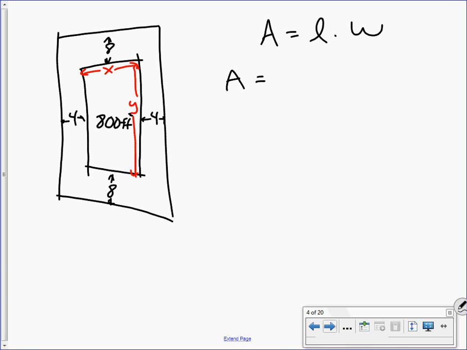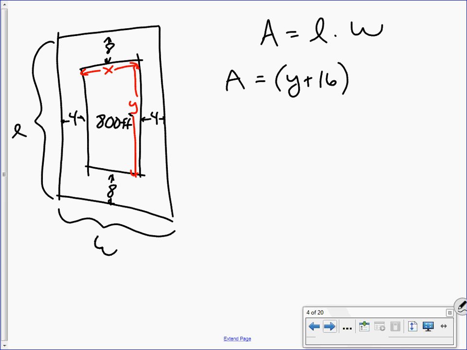Let's say we call this whole thing the length: this 8, this y, this 8. That's y plus 16. And let's say the width is this dimension. What is it? x plus 8, because you have 4 plus x plus 4.